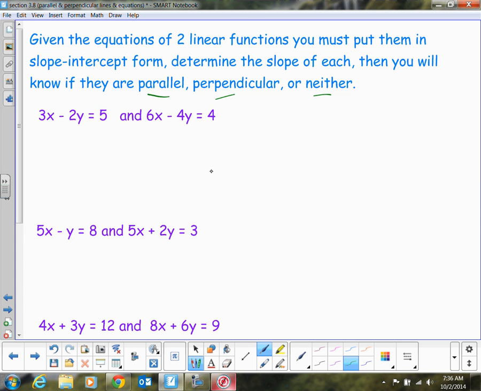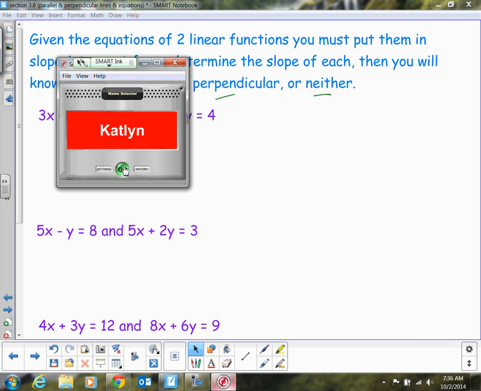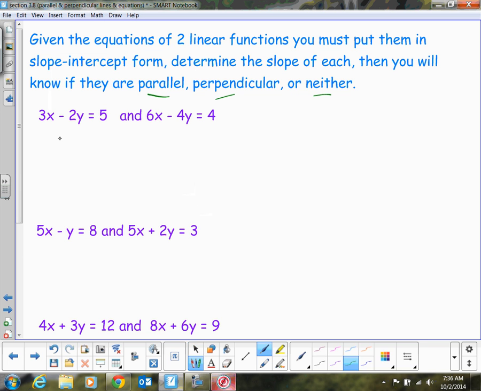Kayla? Slope-intercept form. So in order to put the first one in slope-intercept form, what am I going to have to do, Leslie? What do you do first? You're going to subtract 3x.